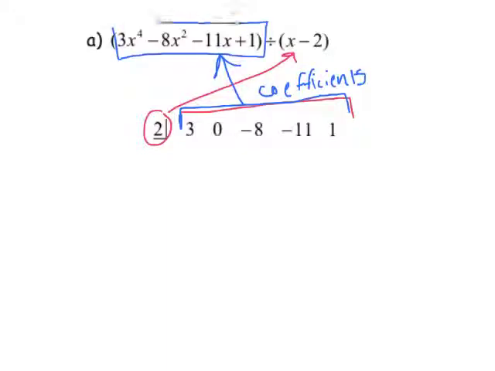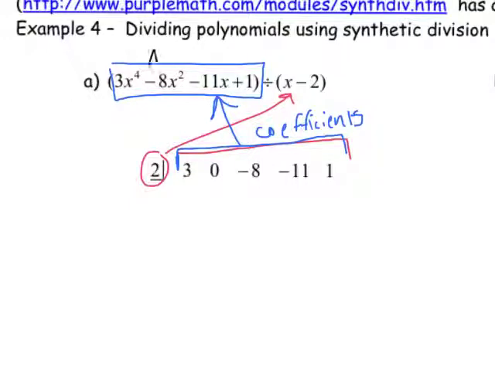If you want to flip back to the front page or to page 2, you can see that it's the exact same question, just we're solving in a different way. Again, this is degree of 4, degree of 2, 1, and none. They're missing the degree of 3, so that's why they inserted the 0 right here. Before I started this problem, I would probably do a big reminder, 0x cubed. So that's where they're getting this 0 from.